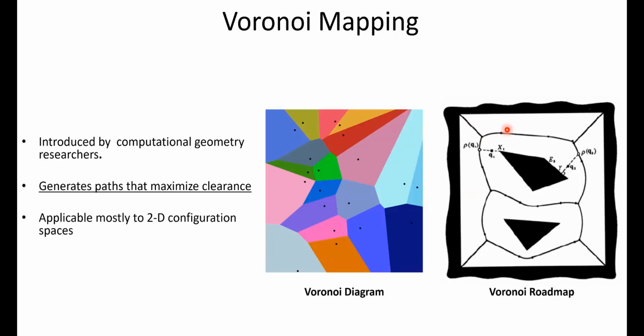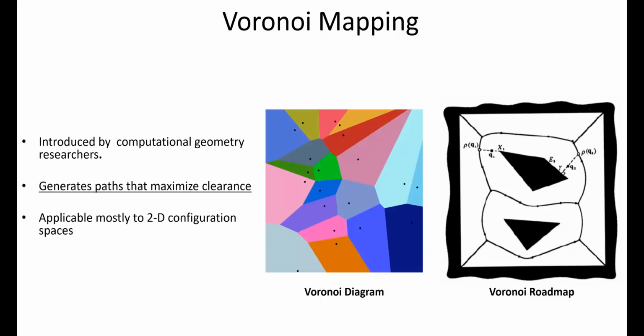So this is as far away from everything as possible. And then we can plan over that graph instead. So this is an interesting way to go about your planning problem.